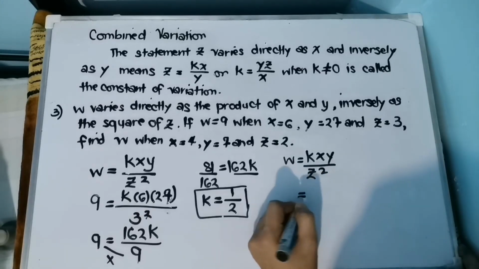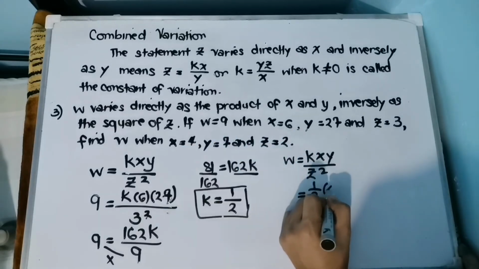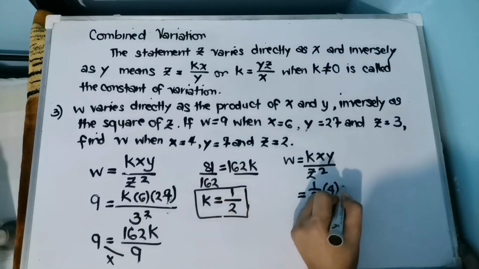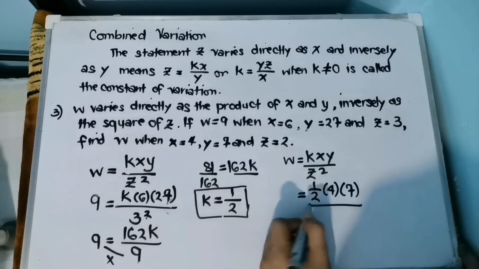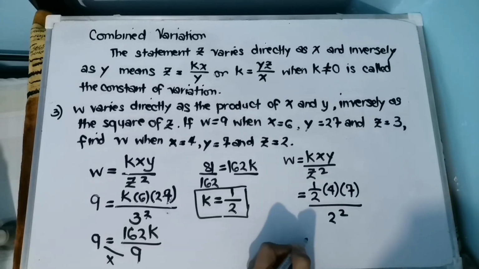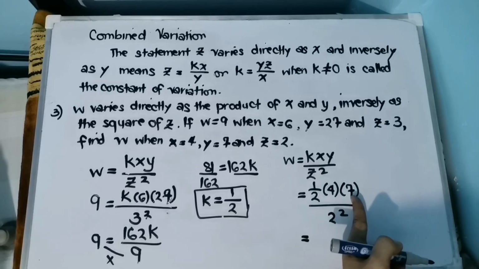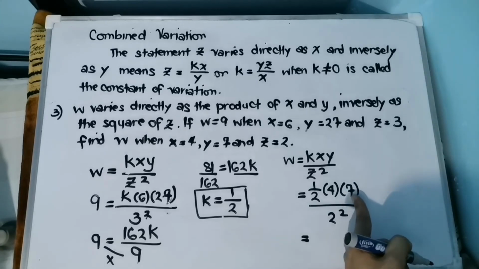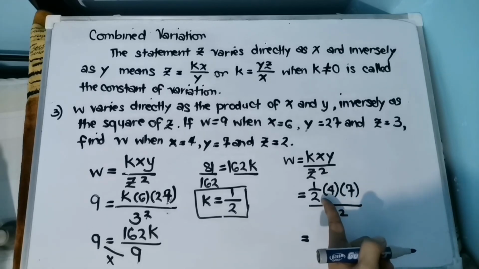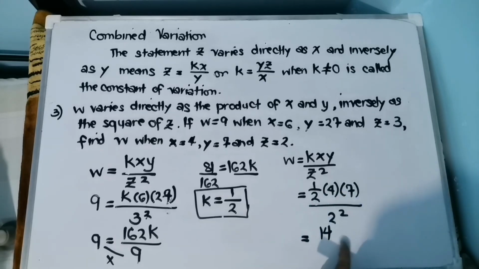So we have here, K is 1/2, and then our X is 4, and then our Y is 7, all over Z squared, so we have here 2 squared. And then, we can simplify it. Sorry, 4 times 7 is 28. 28 divided by 2, that is 14. Again, 1/2 of 28 is 14.